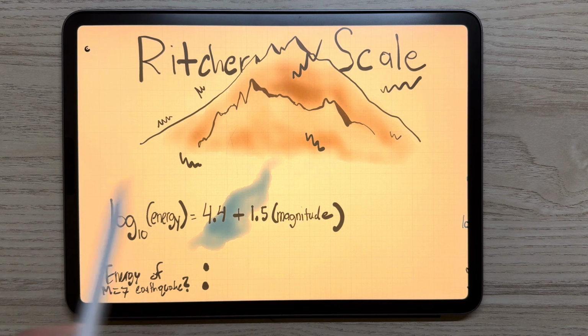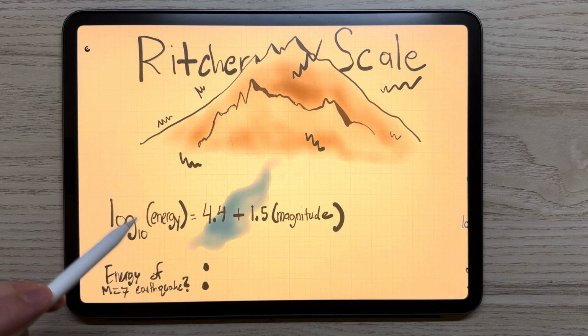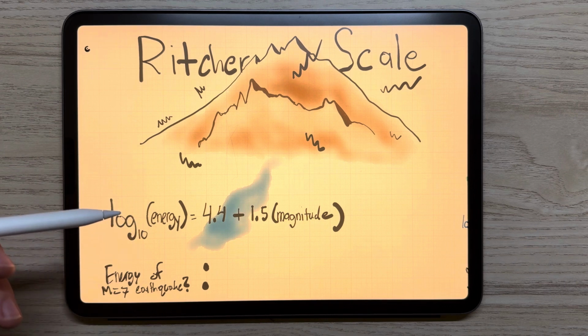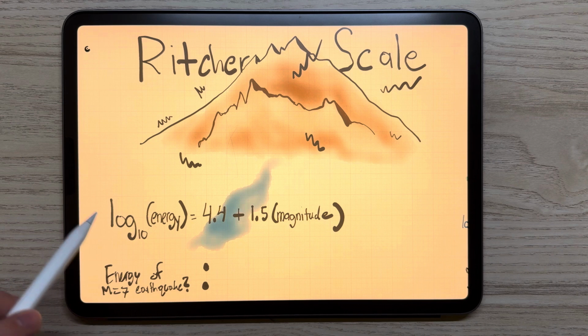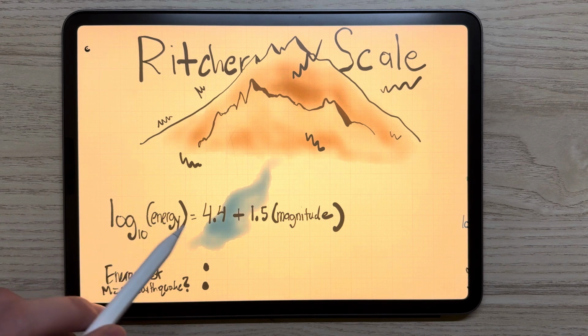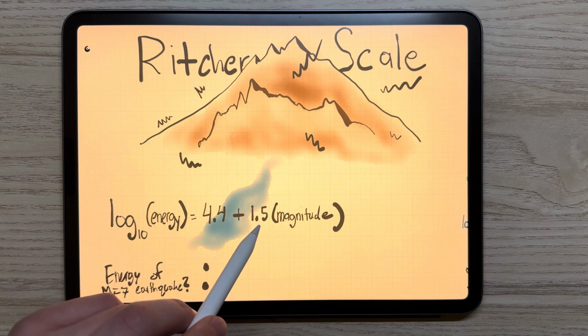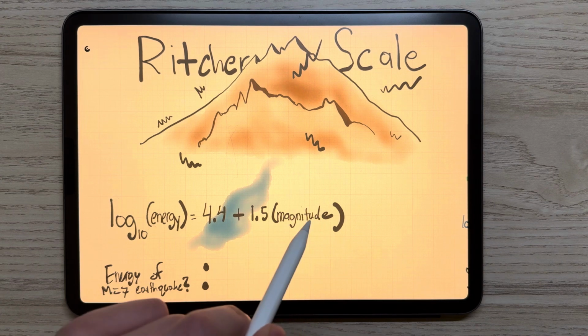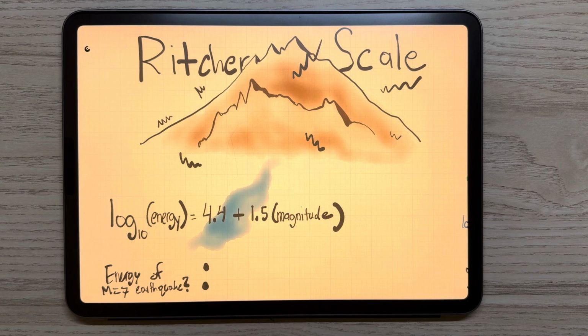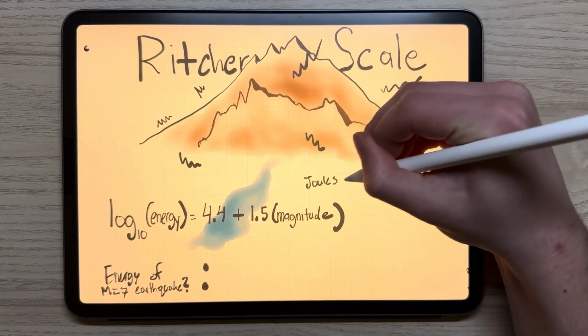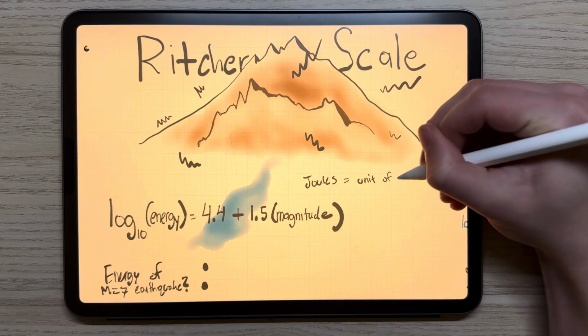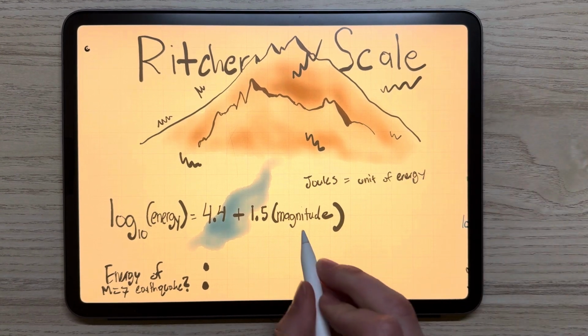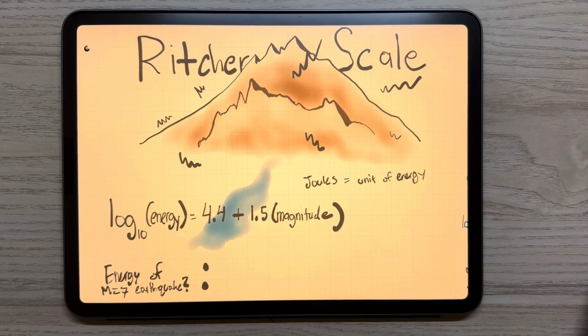And the formula from some website is that the energy in joules of an earthquake is given by log base 10 of the energy is equal to 4.4 plus 1.5 times the magnitude of that earthquake. So that's a lot of fancy words. If you didn't know before, joules is a unit of energy, and the magnitude represents how strong the earthquake was.